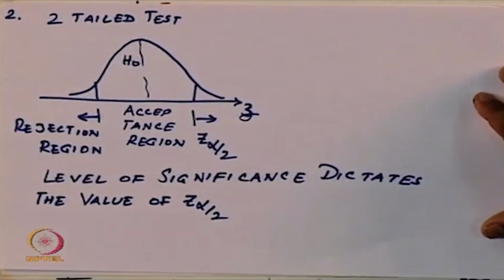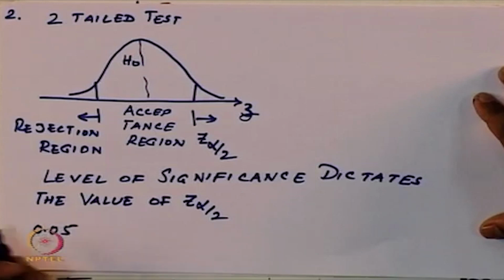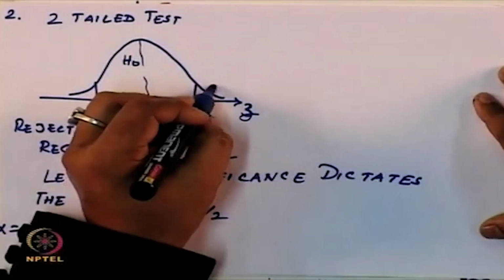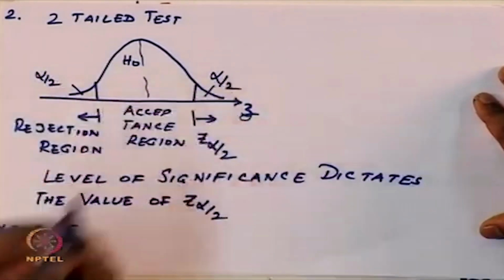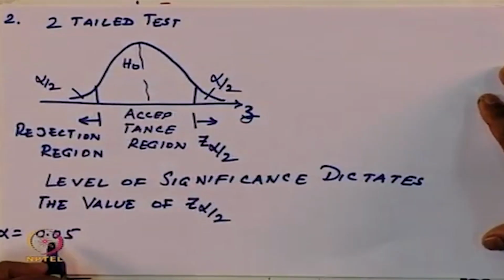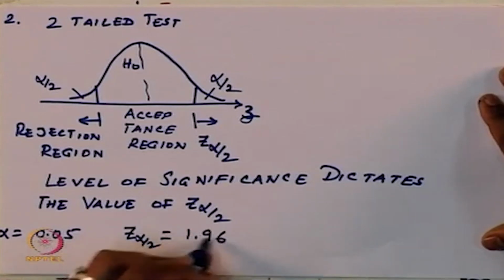And what we know is, for alpha, alpha is nothing but the total area under the curve. So, both of these areas are alpha by 2. If alpha is 0.05, z of alpha by 2 is 1.96.